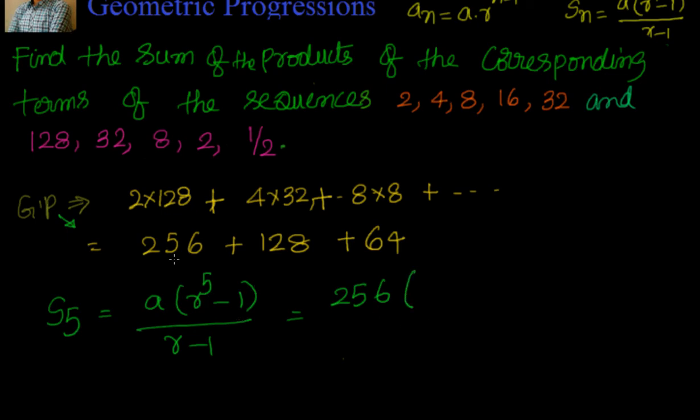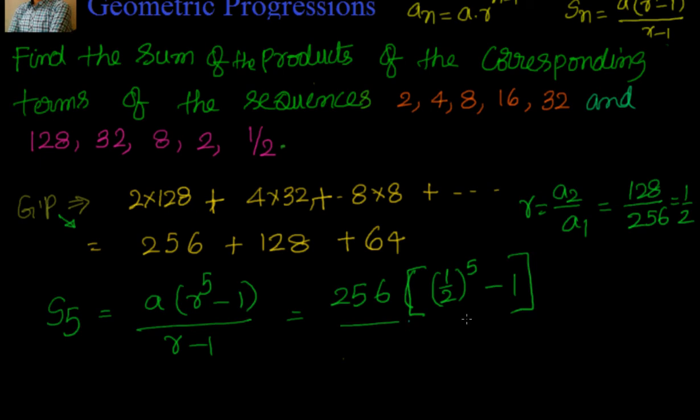And r is nothing but how much? r equals a2 by a1, that is what we know. That's 128 divided by 256, that's equal to 1 by 2. So S5 equals 256 into (1 by 2) to the power of 5 minus 1, by 1 by 2 minus 1.